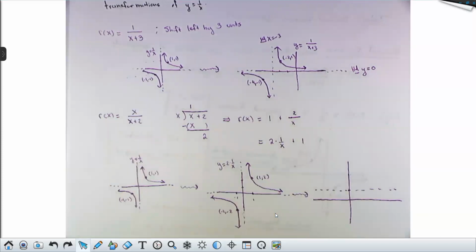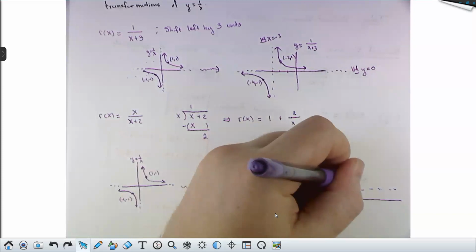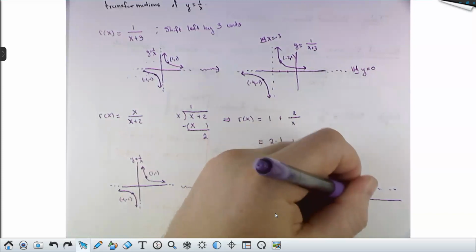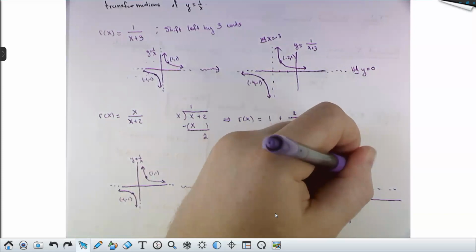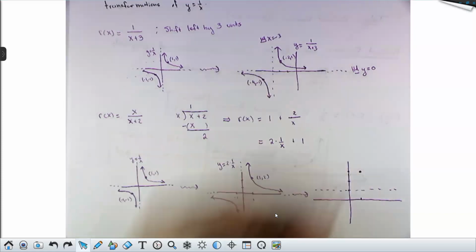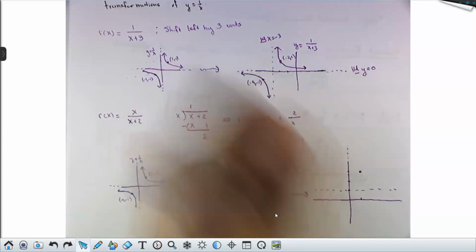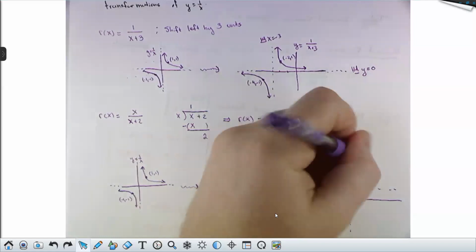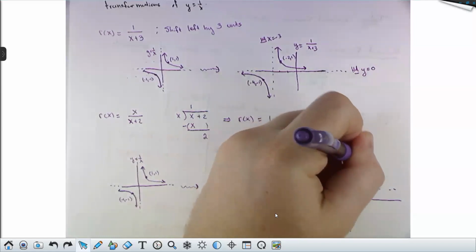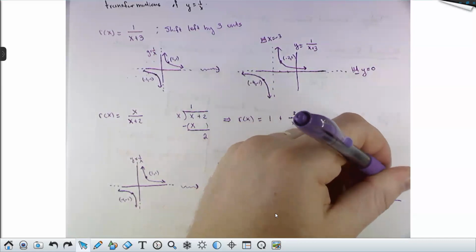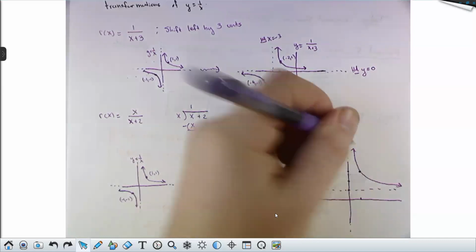The point 1, comma 2 is going to go up to 1, comma 3. My vertical asymptote is still x equals 0. And what I have here is something like this for that first branch.